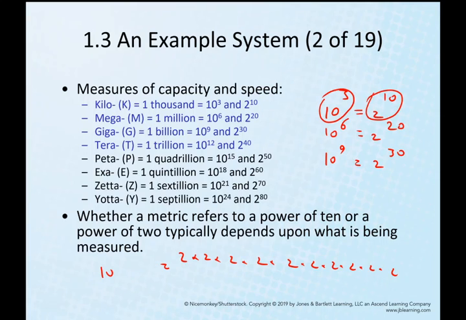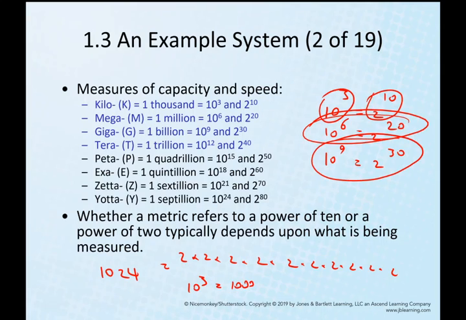It is equal to 1024, which we consider 1000. Likewise, 10 to the power of 6 is 2 to the power of 20, 10 to the power of 9 is 2 to the power of 30, and 10 to the power of 12 is 2 to the power of 40.